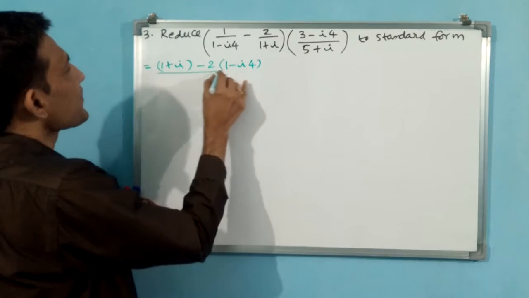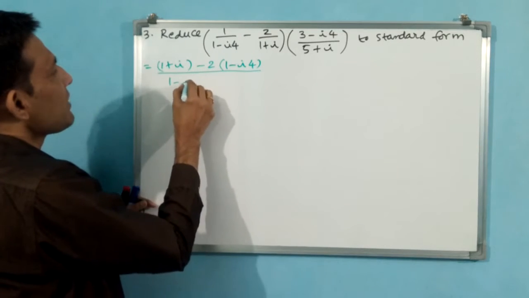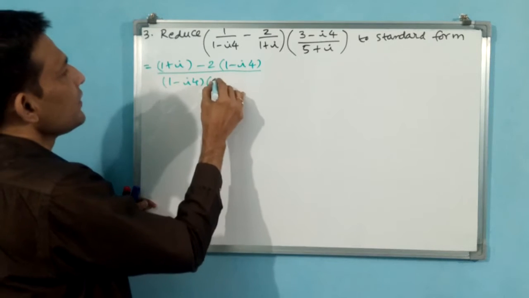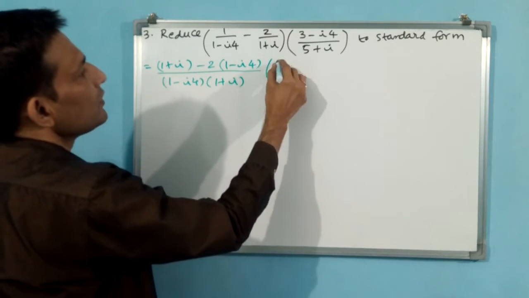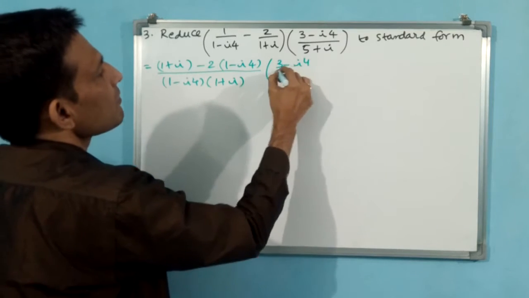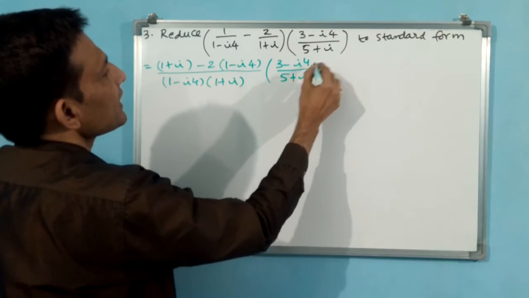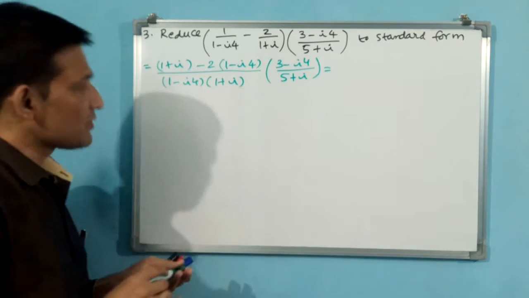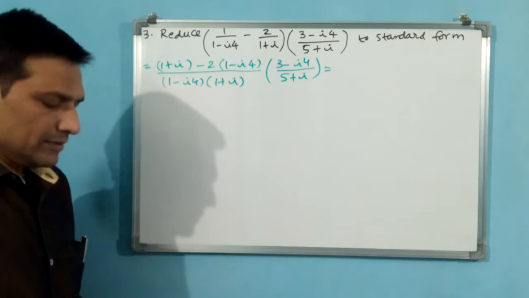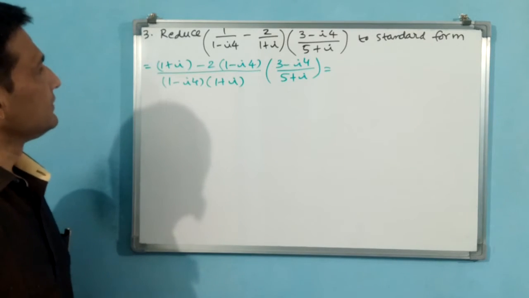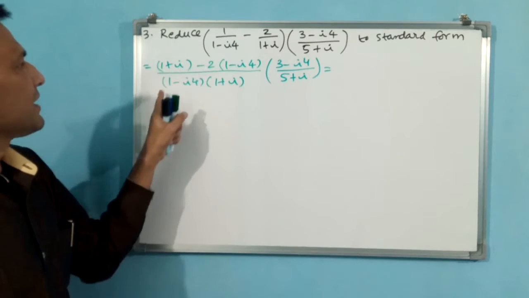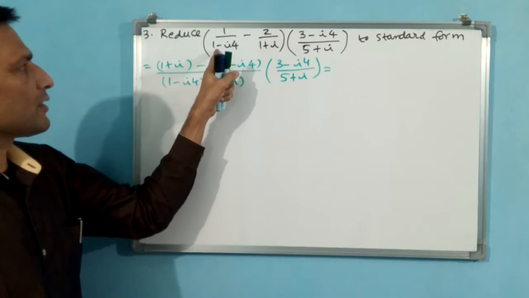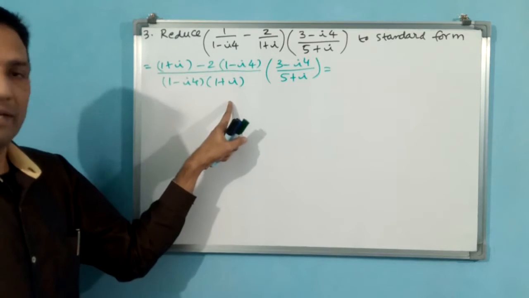Divided by 1 minus i4 into 1 plus i into 3 minus i4 by 5 plus i. Is it okay? First you understand this. Okay, cross multiplication I have made, in between minus is there, but denominator after cross multiplication has to be done.